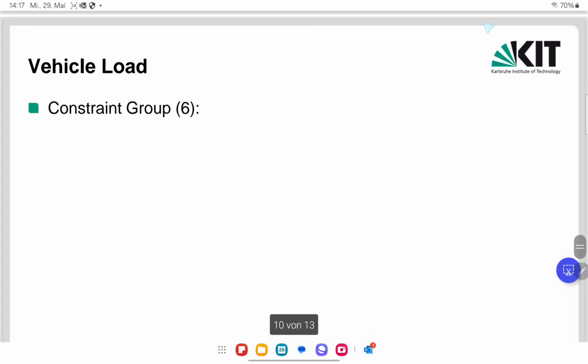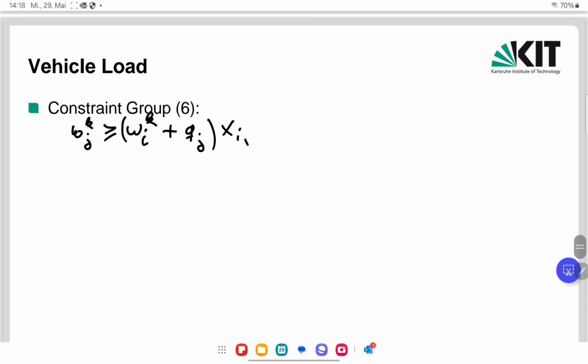W is the number of patients I pick up at node J in vehicle K, and this should be the number of patients I have picked up at I, for the same vehicle, plus the Q, the number of patients I pick up at node J. And this is multiplied again by Xij.